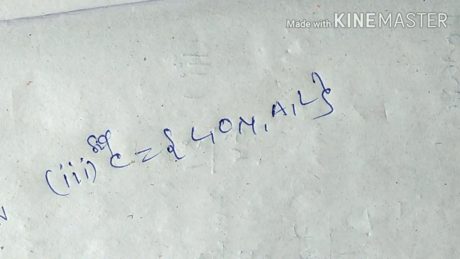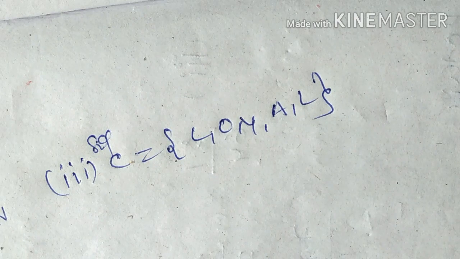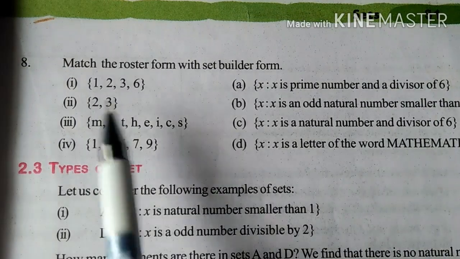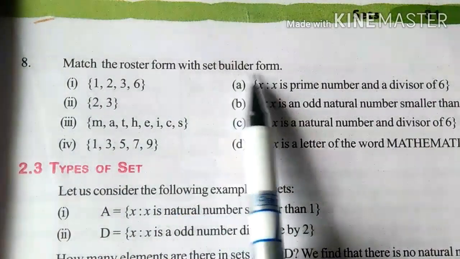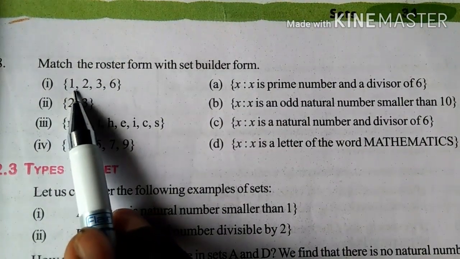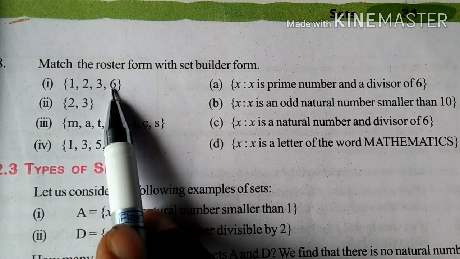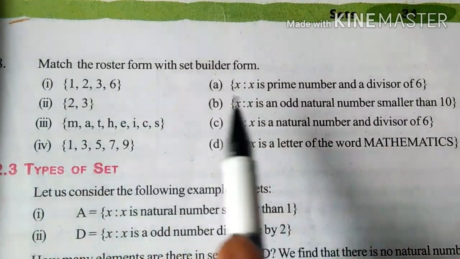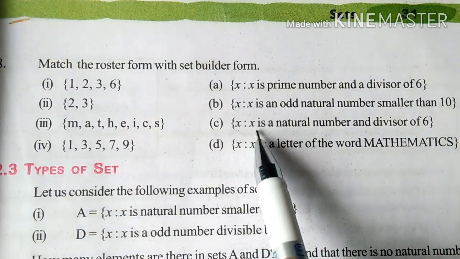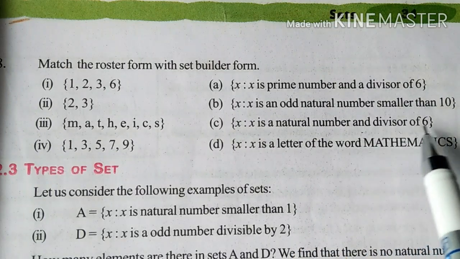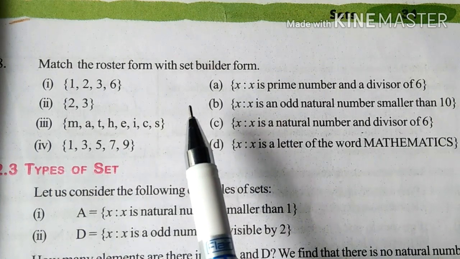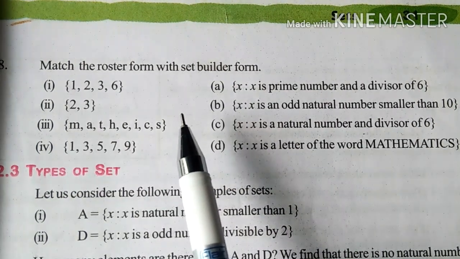Next we are going to discuss match the following. 8th bit, match the roster form with set builder form. The first question, 1, 2, 3, 6. So what numbers are these? x such that x is a natural number and a divisor of 6.